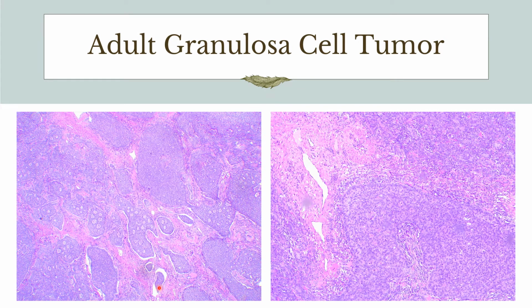Microscopically, AGCT forms solid or insular growth among the fibrothecomatous stroma. This is the higher magnification where we can observe the solid growth of the tumor, and here's the stroma.